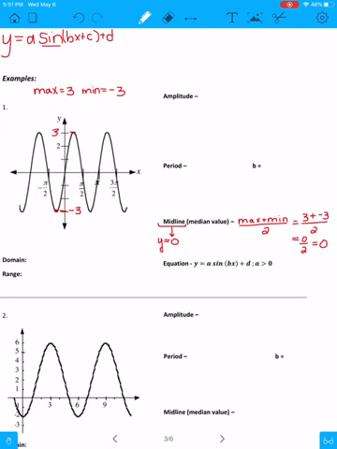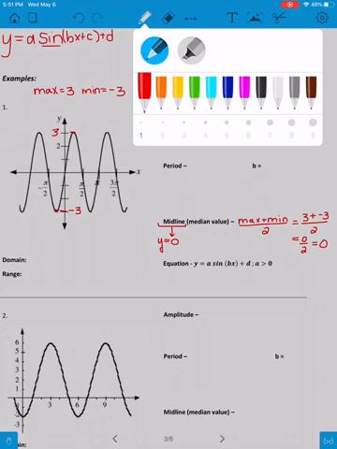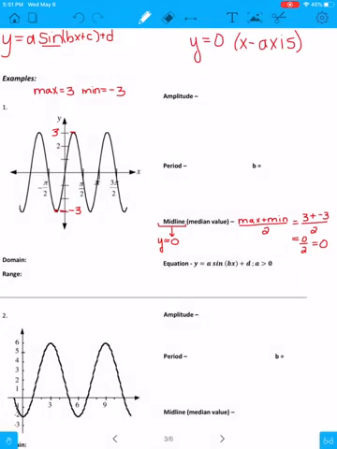And the thing about y equals 0 is the line y equals 0 is our x-axis. So I'm going to sketch our midline on this graph. I'm going to do it in red. So on the x-axis, I have a horizontal line.